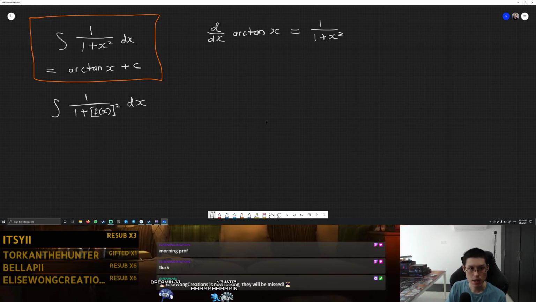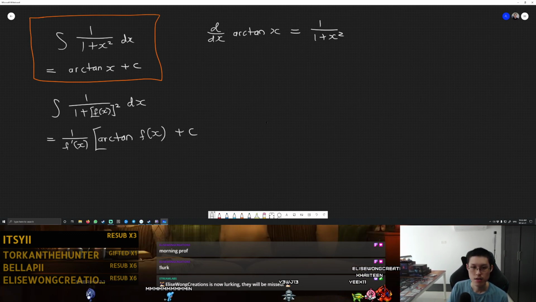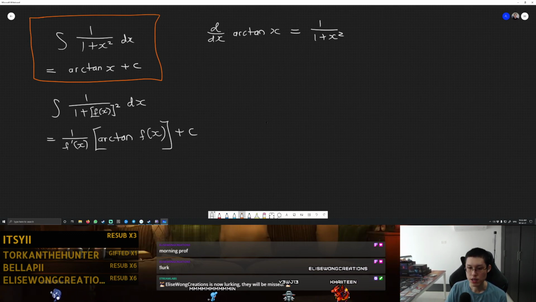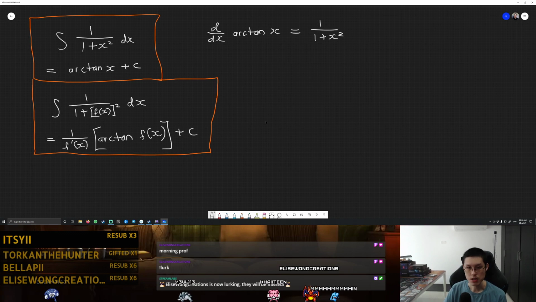Well, this is actually going to give me 1 over f prime x, and then arctangent f x plus c. So generally, this is the kind of thing you would expect to get. This one is using the substitution. So you can try proving this on your own, but all you have to do is use integration by substitution.